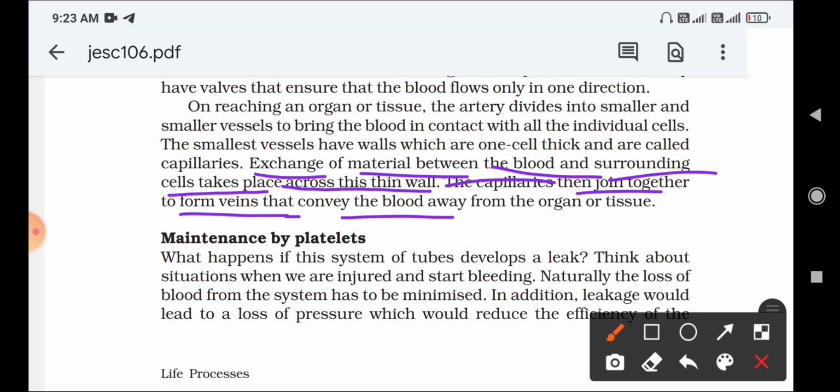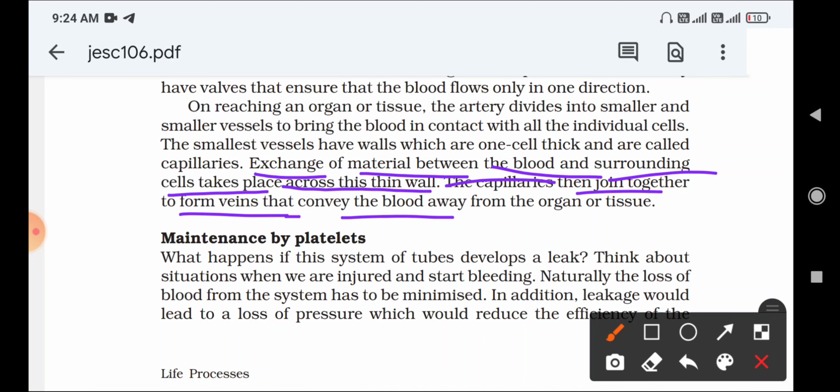These capillaries are joined together to form veins. Ultimately the carbon dioxide blood from these cells passes through the veins, which pass it to the heart and after that to the lungs.